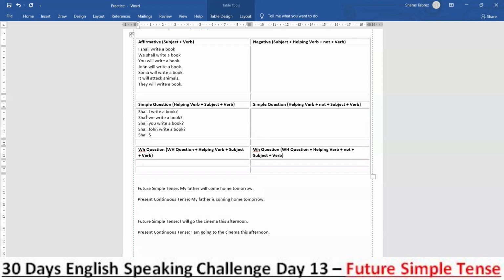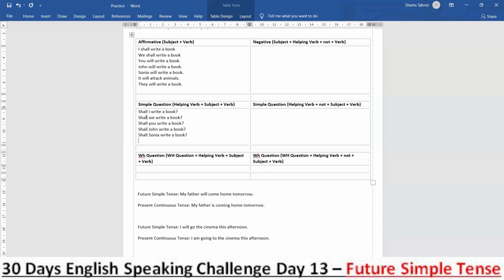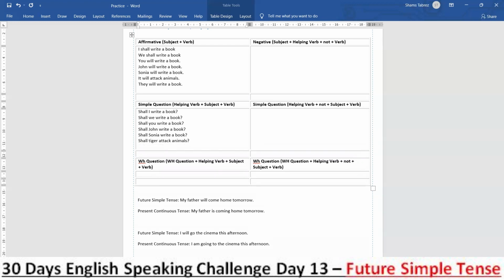Let's add Sonia as well. Shall tiger attack animals? Shall they write a book?